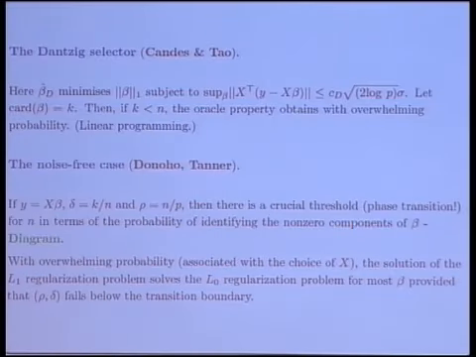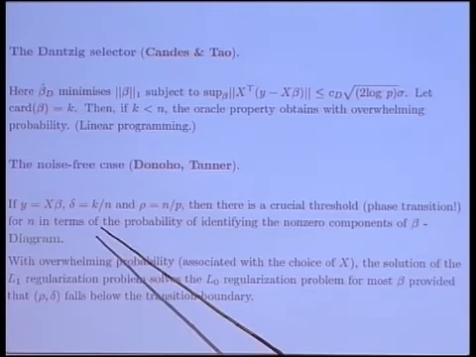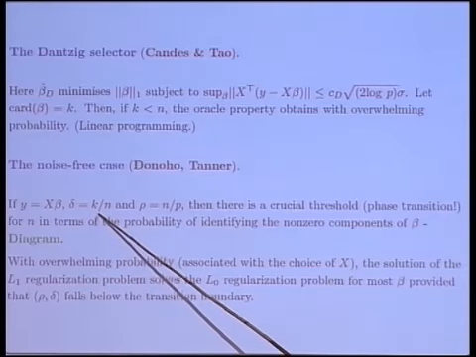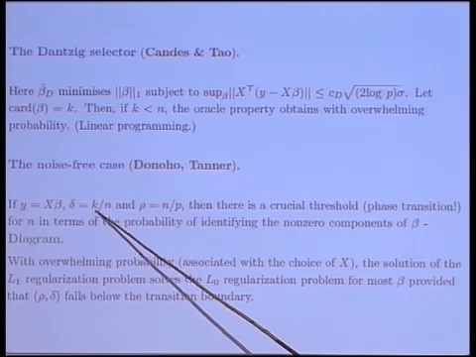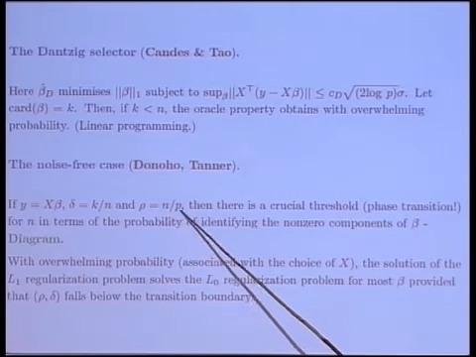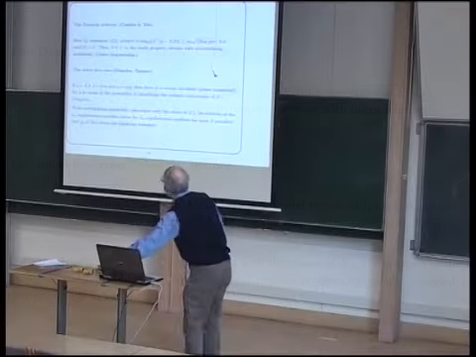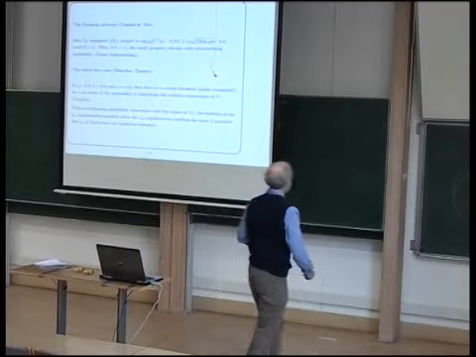And then David Donoho and Tanner looked at the so-called noise-free case and said, well, supposing that this were exactly right, and supposing that we define a sparsity ratio, where k is the true number of non-zero betas, n is the sample size, and rho is the ratio of sample size to number of parameters we put in the model, then there's a kind of phase transition phenomenon as to how this particular problem can be solved.